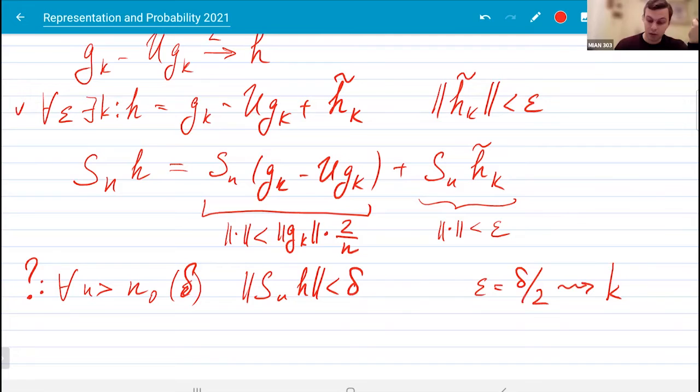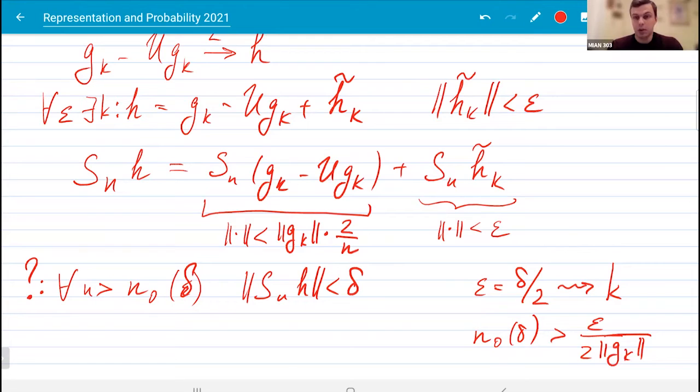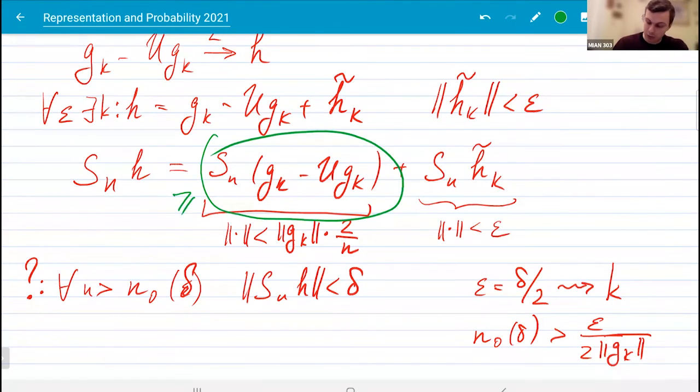And then for this k, you take n_0 of delta more than 2 over epsilon times the norm of g_k. So for n larger than this n_0, the norm of this will be not more than epsilon.